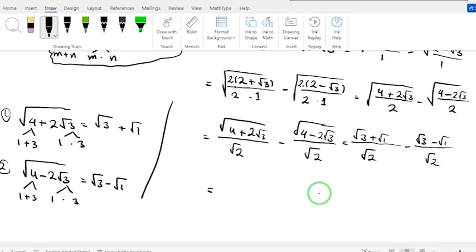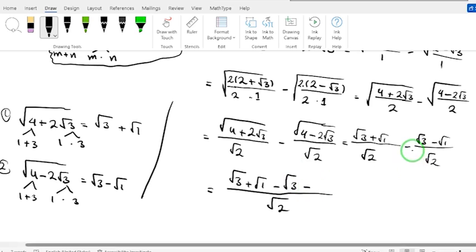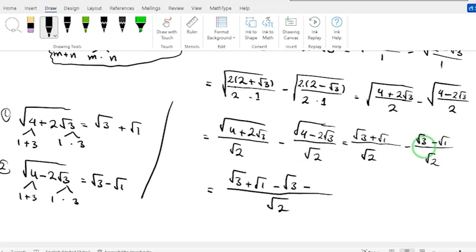Then, because the denominators are the same, we take one of them, square root of 2, and we subtract the numerators, square root of 3 plus square root of 1, and we multiply the sign into the numerator, minus square root of 3 plus square root of 1.